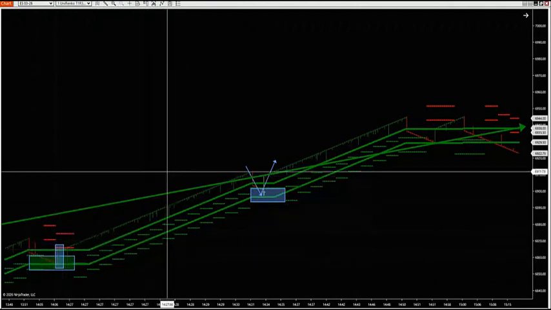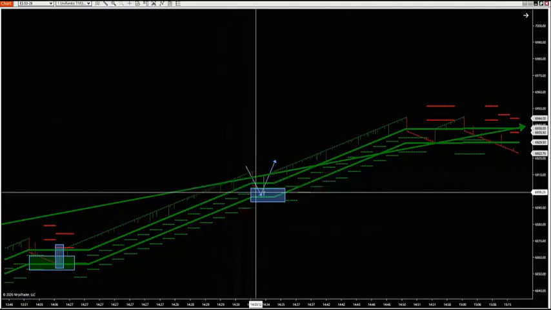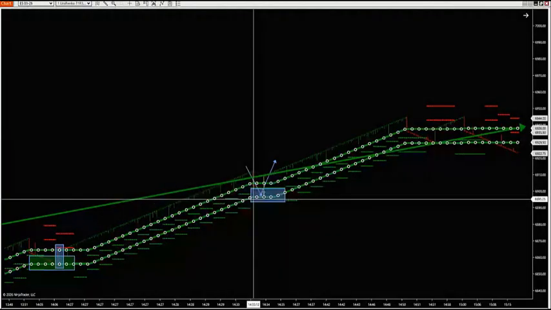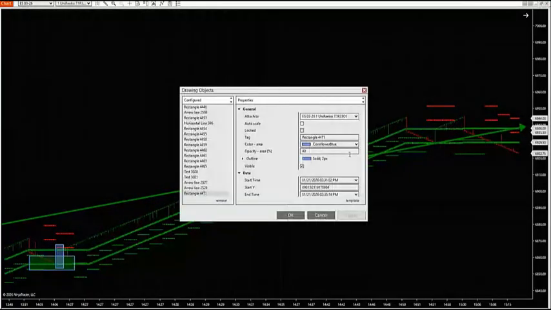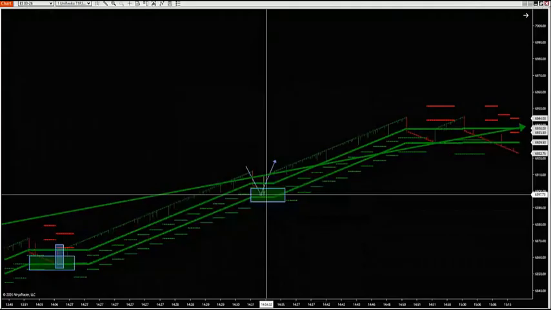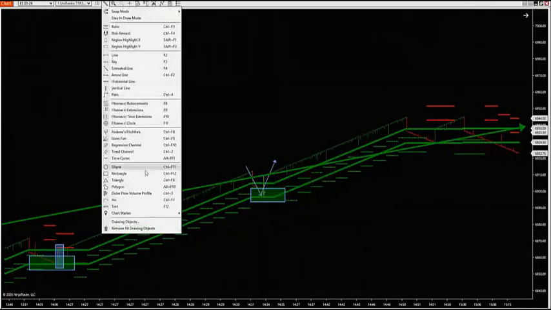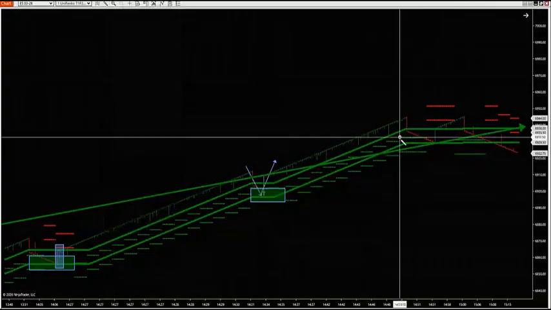64 to 12 on the first push up. Then they pull the market back, grab liquidity right inside the zone again. These zones are very, very important critical levels. Grab liquidity, pulled it upside again. Then what do they do again? Same thing. Where'd they stop it? You got it.